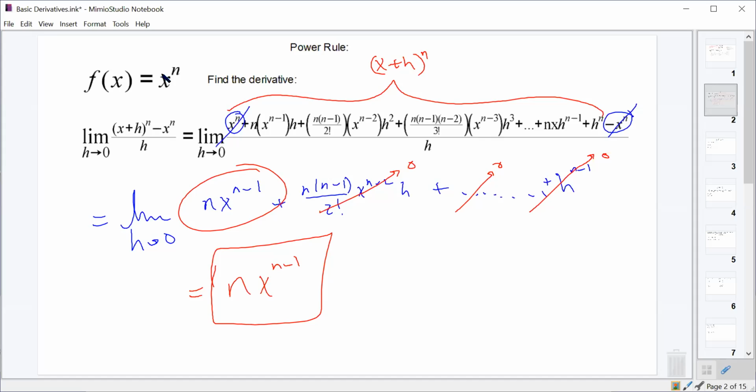All right, cool. So the derivative of x to the n is n x to the n minus 1. This is a rule that you need to know and memorize. It's going to make your life so much easier. You don't have to do any of this expansion with the difference quotient anymore after tonight's homework. So any questions on how we got there?